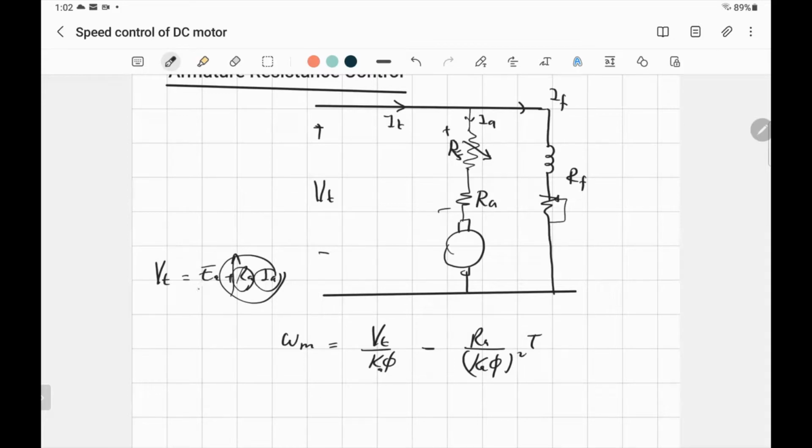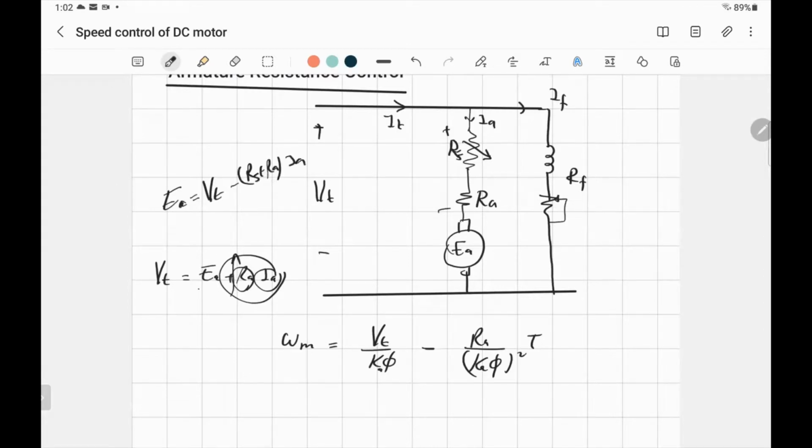Because in this case, this is your EA. EA, the back EMF, is always equal to the supply voltage Vt minus the drop RAIA. The equation of EA is equal to the supply voltage minus the drop, now I call it Rs plus Ra times Ia.